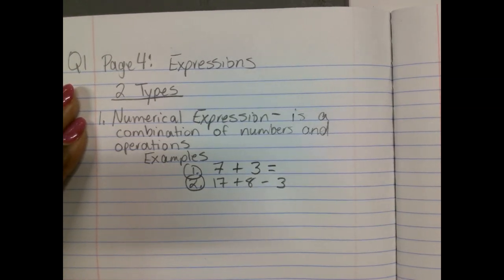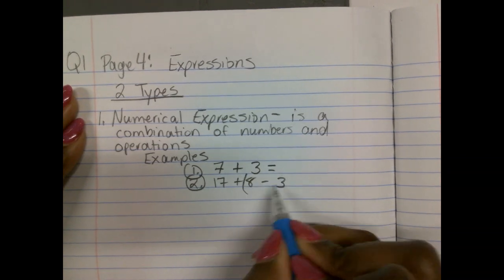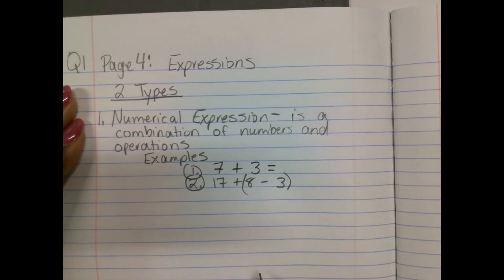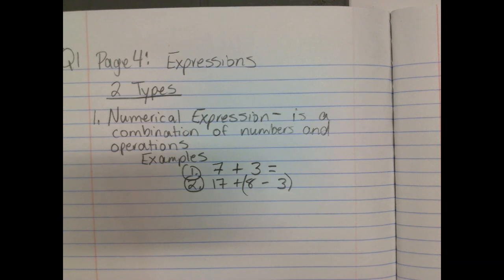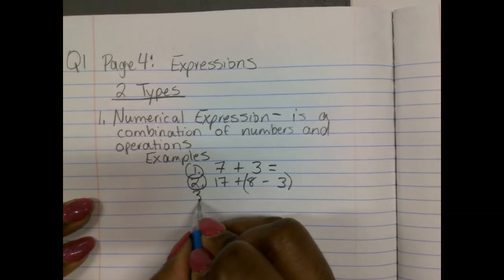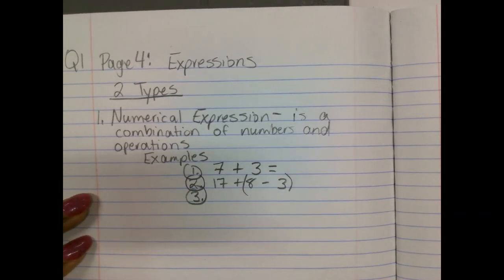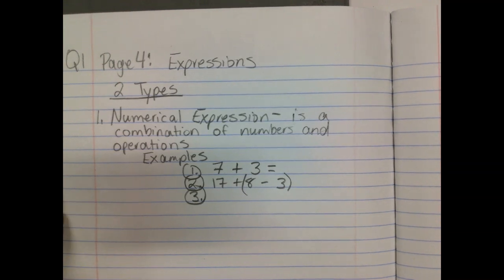All right, perfect. Okay. And I can put this in parentheses if I want. This is another numerical expression because it has numbers and what else? Operations. All right. I want you to come up with one on your own. Okay. Numbers and operations. Any questions?